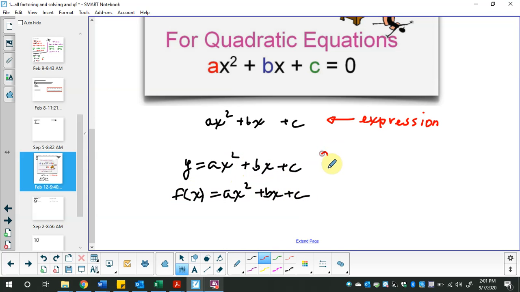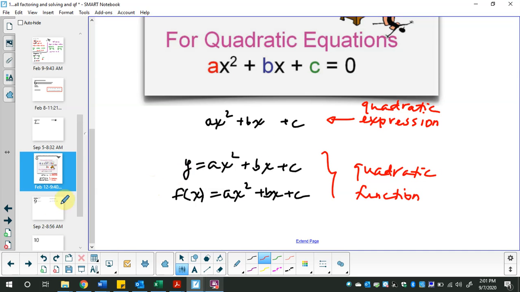You have what's called a quadratic function, meaning that you can graph it because it's got an x and a y.